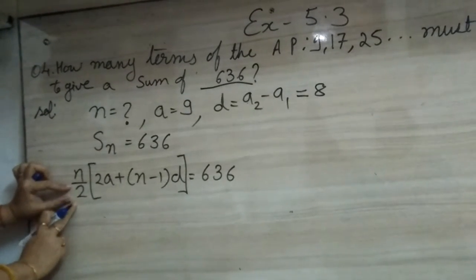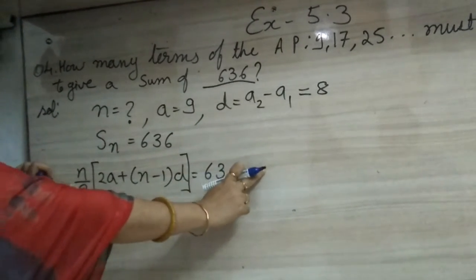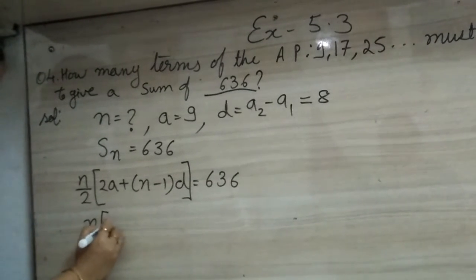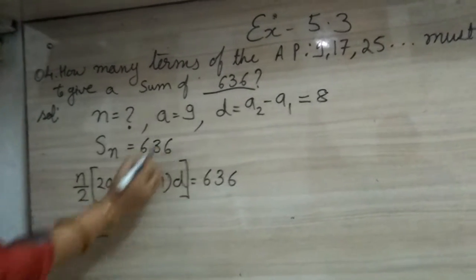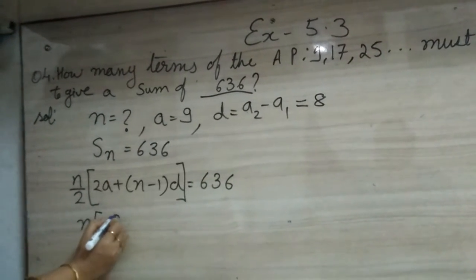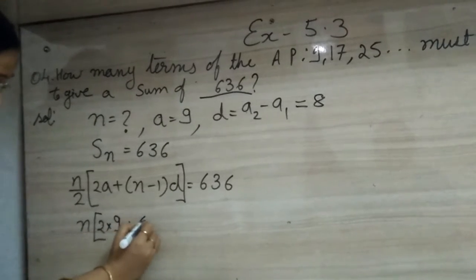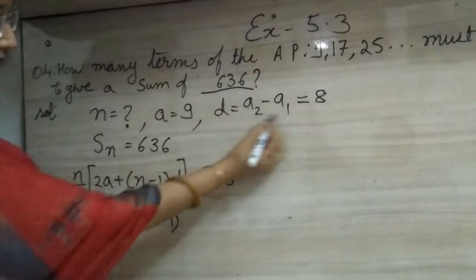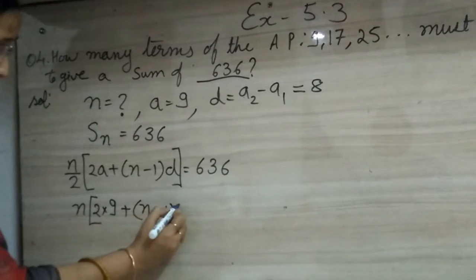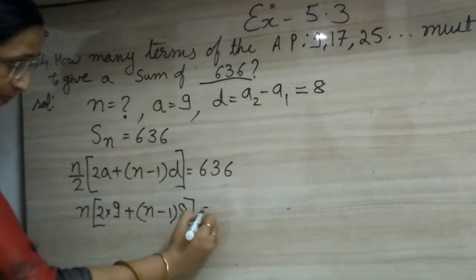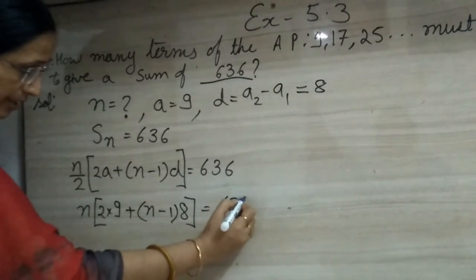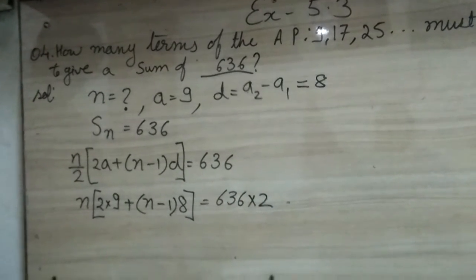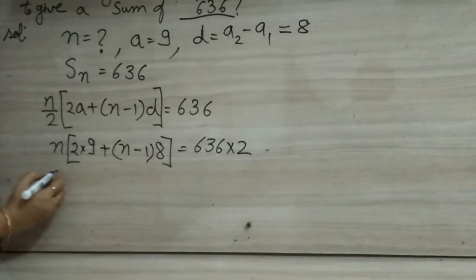So this 2 we can transpose to that side. I will write n, 2 into a, where a is 9, so 9 plus (n minus 1) into d, which we calculated as 8. And 636 into 2. I brought 2 there.